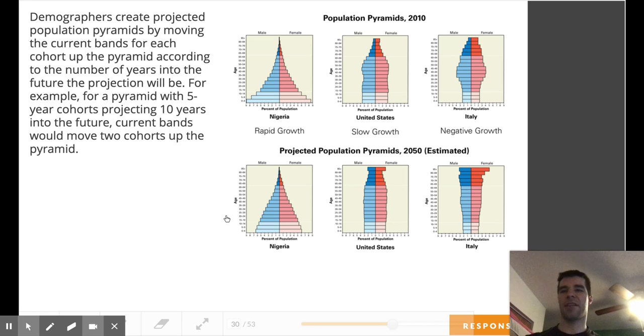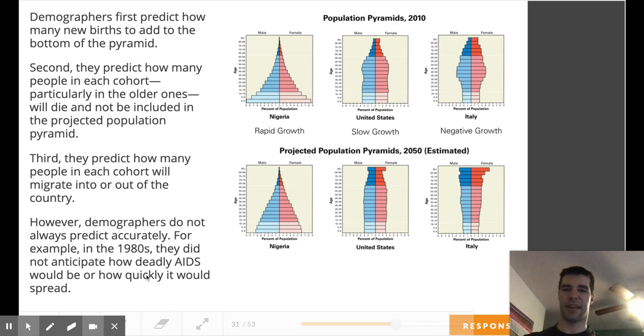Now, these projections are created by demographers, and it's a pretty lengthy process in how they come up with them. I'm not going to read through all these. If you guys want to, you can pause this video and read through the process that they go through to project.